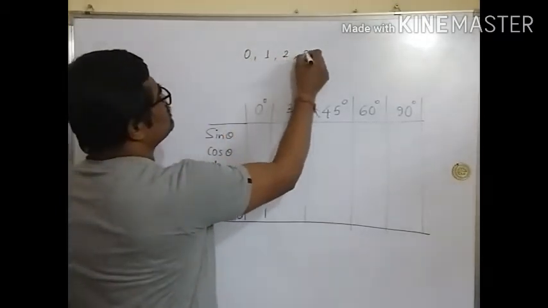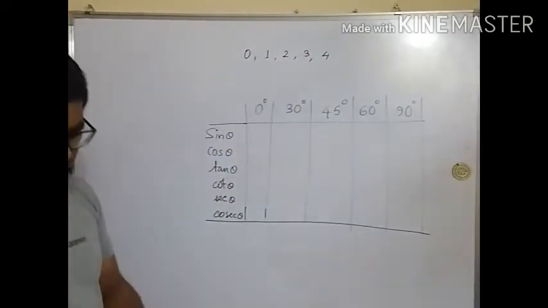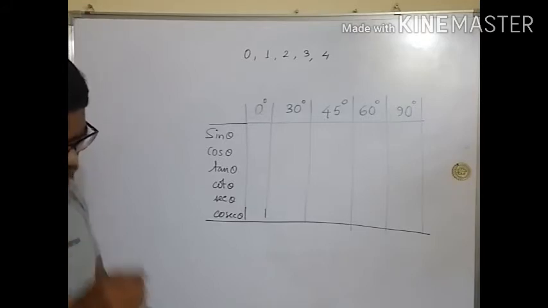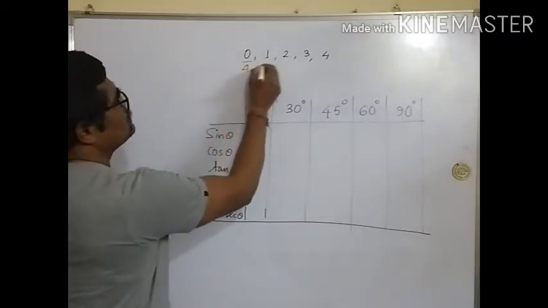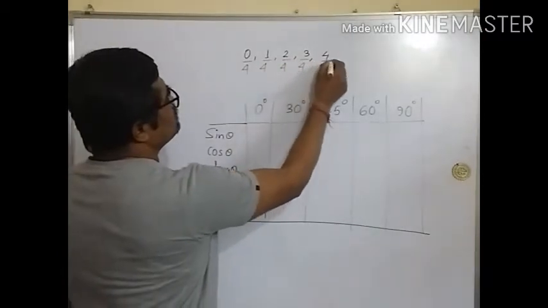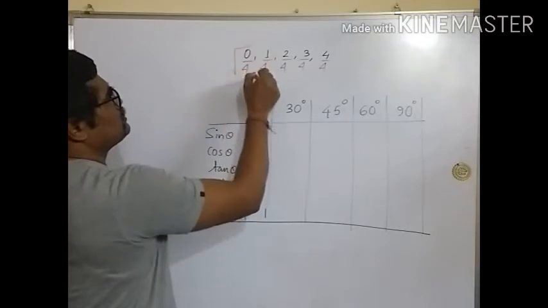You remember these numbers, and it is very easy to remember this: 0, 1, 2, 3, 4. Then each of these numbers you divide by 4, and then you take the positive square root of this number.